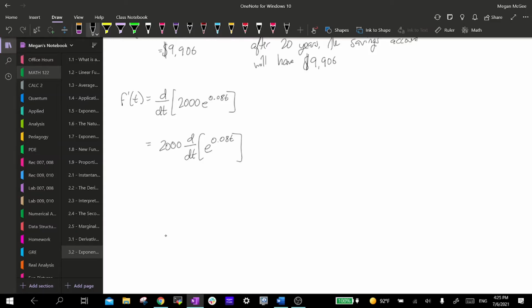Okay, so this is one of our cases where we have e to the kx, or in this case, kt. Okay, so we take the derivative by bringing our k value, our constant, down, so we have 0.08, and then we leave everything else the same, again, times e to the 0.08t.